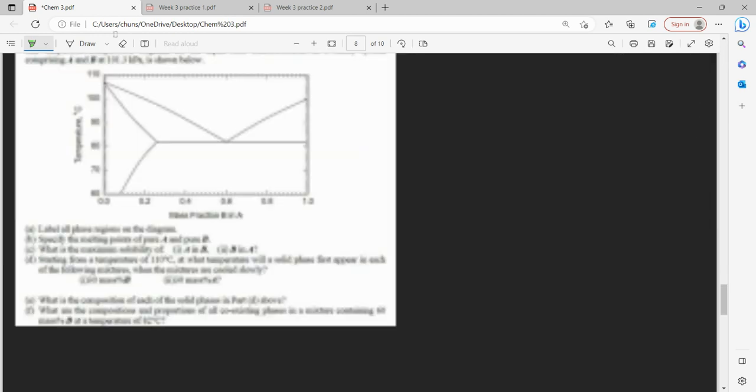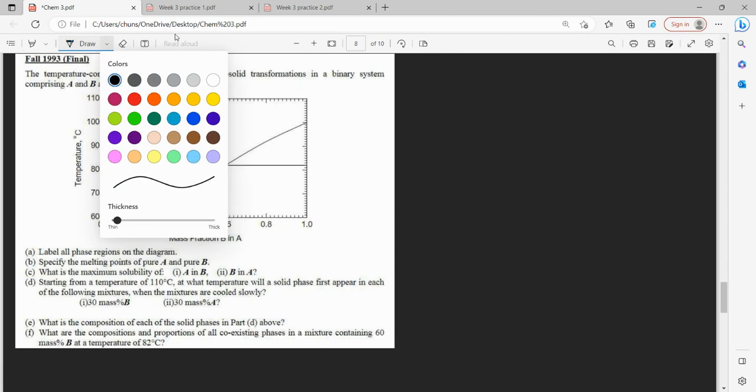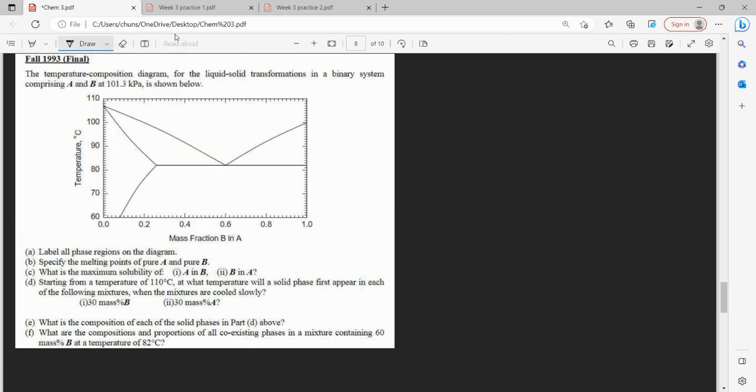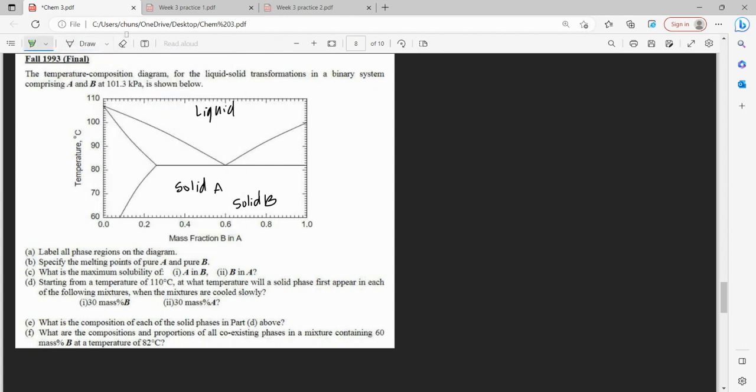So with that in mind, let's start labeling what we need for this. Okay. So we know that we have two regions. We have our liquid region, and then we have solid A and solid B combined in this region. In this region, which I'm going to highlight in green, we have the presence of our first solid.